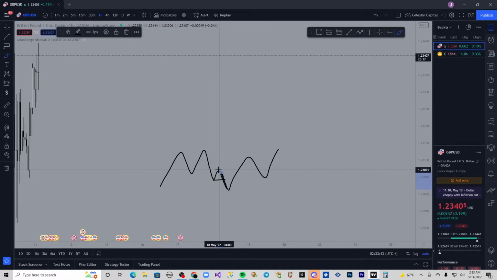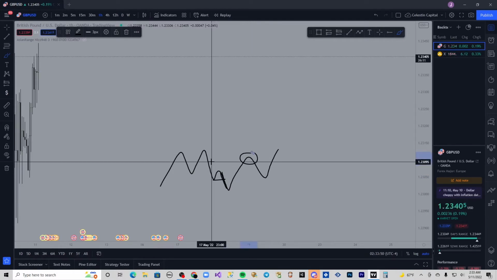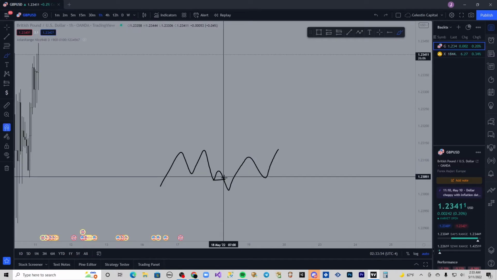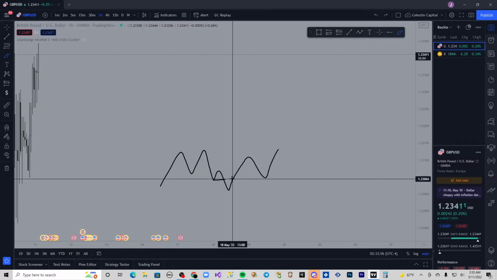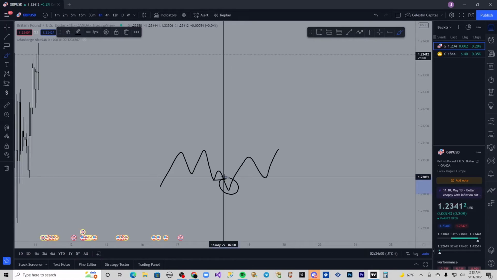Now, once we get this wick below and then this close above, this confirms that price potentially wants to continue higher. Price wants to go higher. So again, because price wicks below this low and doesn't close below it, it's showing us signs of rejection. It's showing us that price does not want to go in that direction.